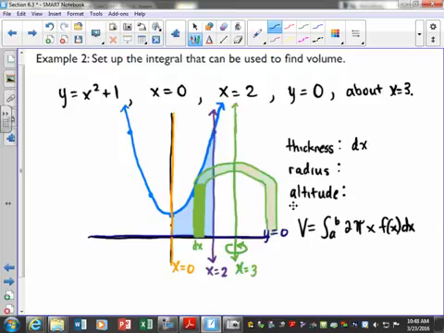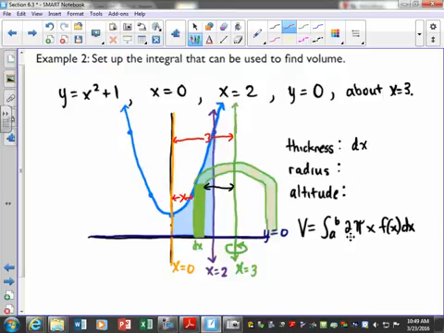Now, radius, we just practiced on this radius. My radius is from here to here. The distance from here to here is 3, right? And we said our x is the distance from here to here.